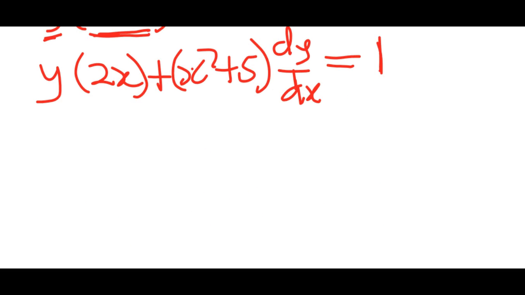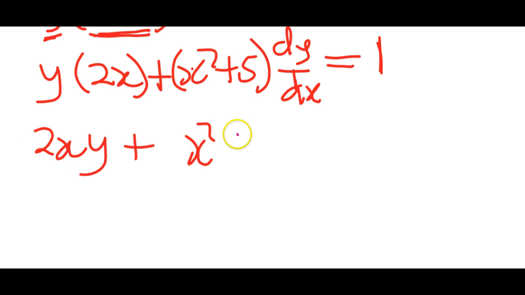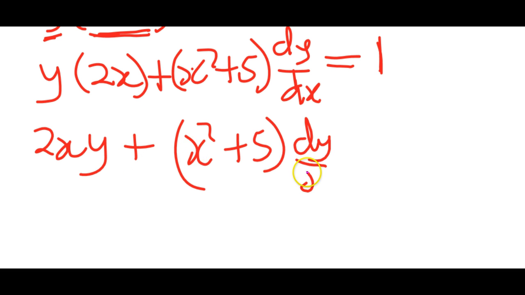So we can rearrange this one as 2xy plus (x squared plus 5) dy/dx equals 1.